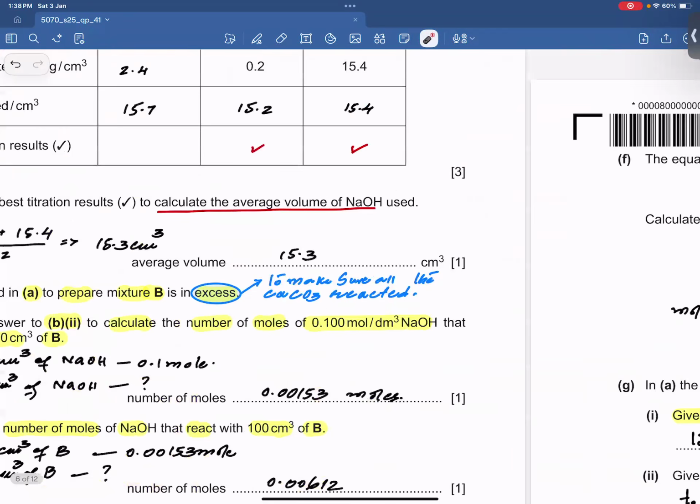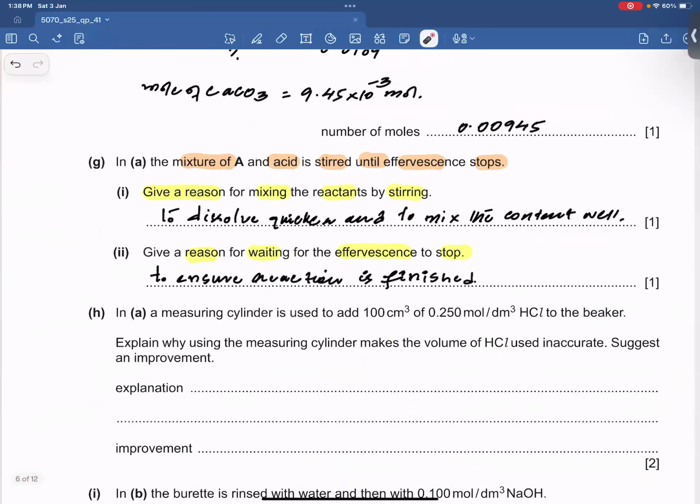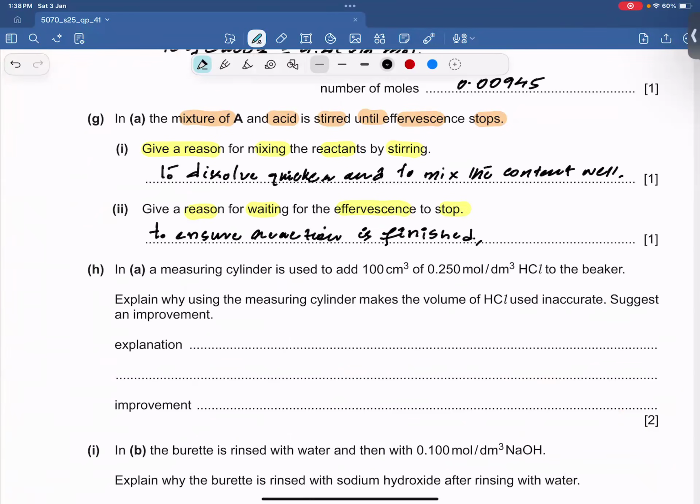Calcium carbonate technically is the limiting reactant. So this part has multiple answers. You can write any one of them. To make sure calcium carbonate is a limiting reactant, and it is used up.